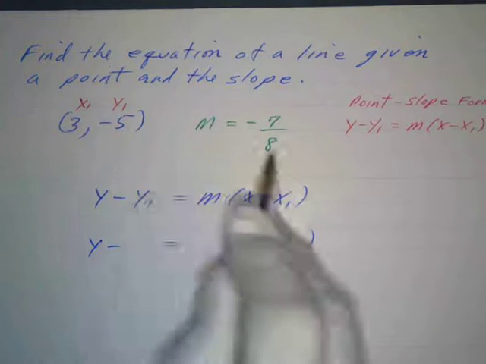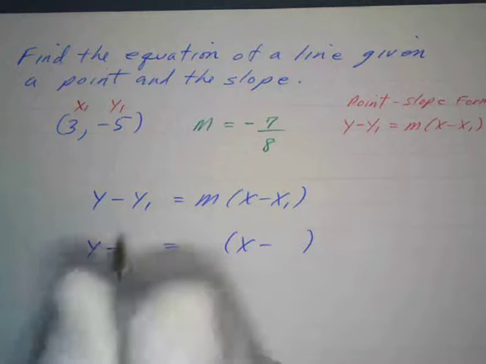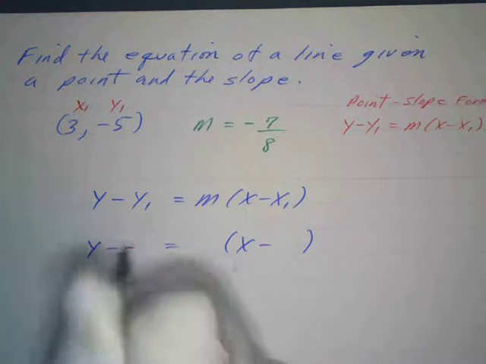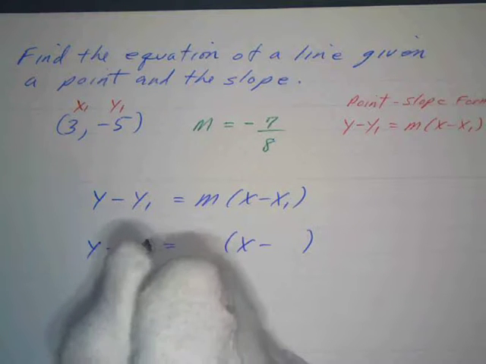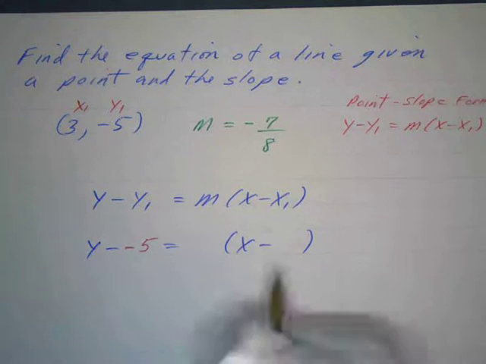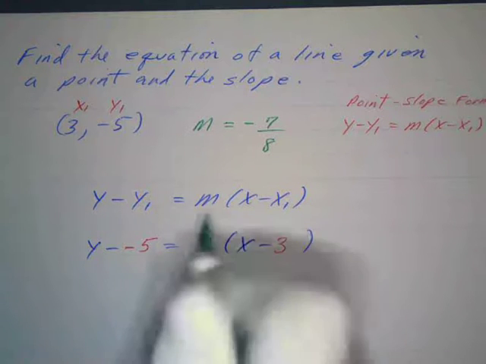So all I have to do is substitute what I have up here. So y1 is -5. So see, this is a case where we've got a negative in our data as well as a negative in our formula. x1 is 3. It's +3, so I don't have any issues there. And my slope is -7/8.